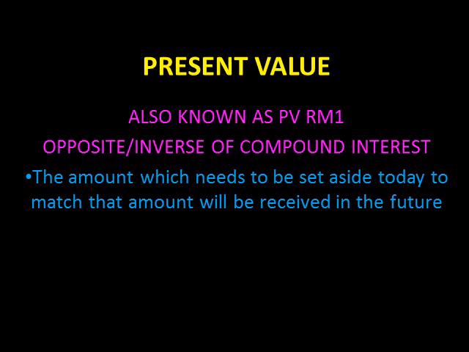In very simple words, present value is how much money you need to keep, to save today, in order to get the amount of money that you desire. So the PV is normally a decimal. When you calculate PV, the result should be 0 point something.